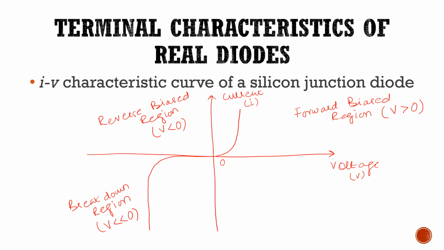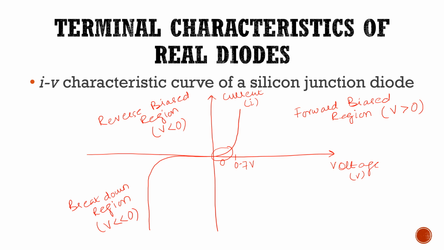Note that in forward biased region, the current increases very little until the forward voltage across the PN junction reaches approximately 0.7 volts at the knee of the curve. As you can see here, this current is increasing very little in this region.